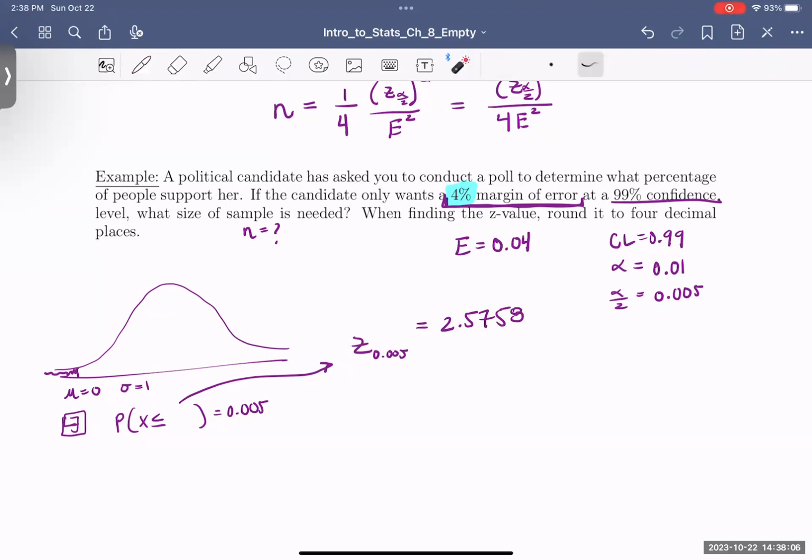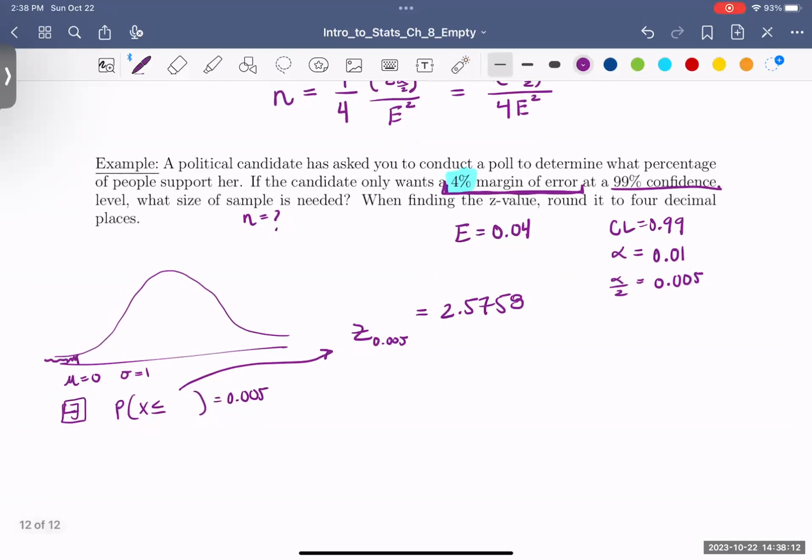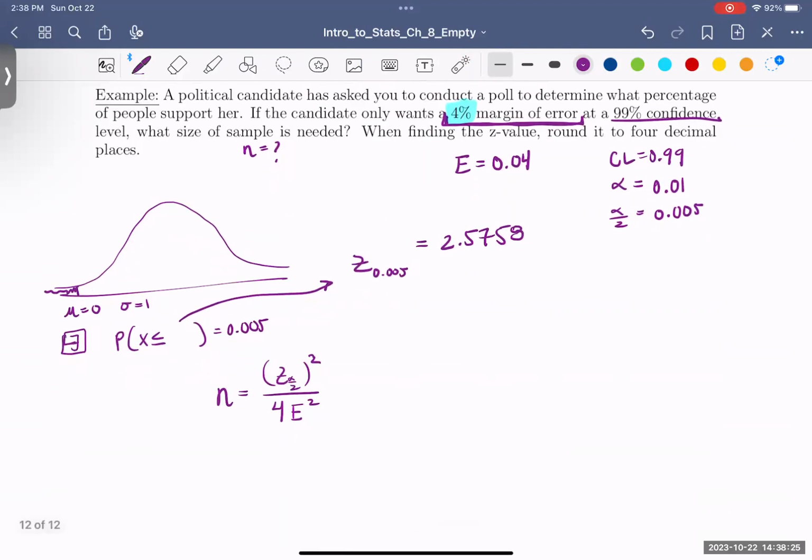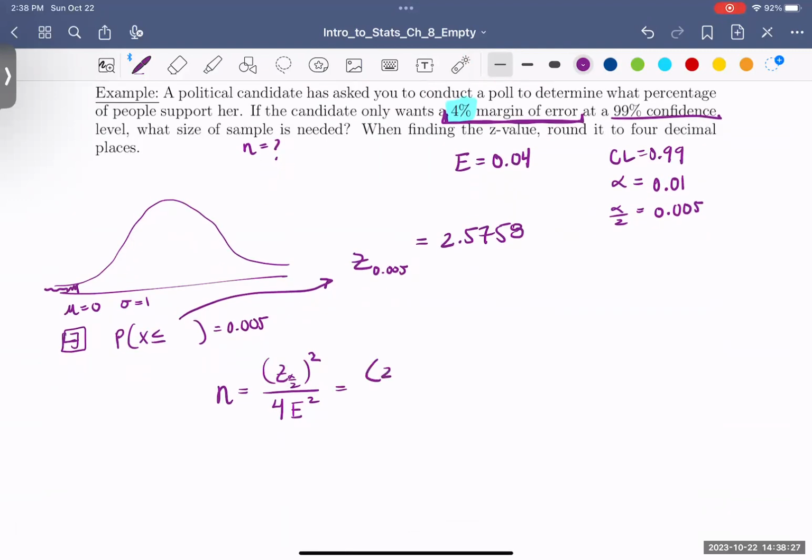So now we have z, we have the error, and we can actually use our formula to find the sample size. n was equal to the z-score squared divided by 4 times the error bound squared. 2.5758 squared divided by 4 times 0.04 squared.